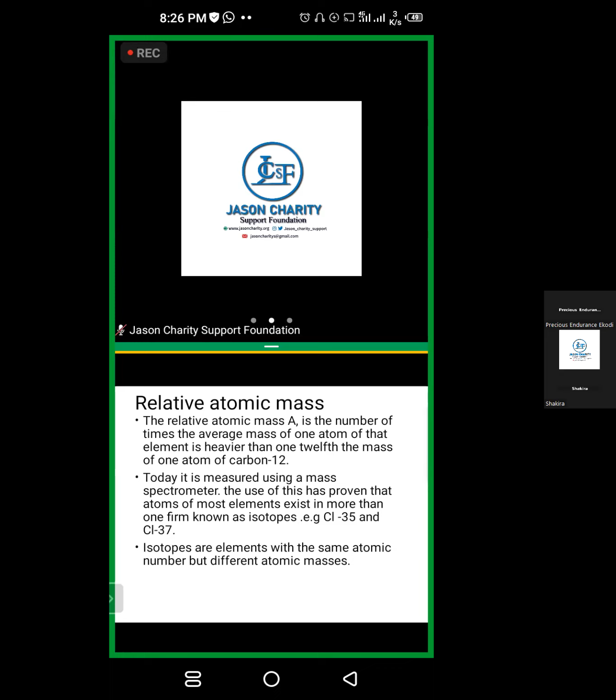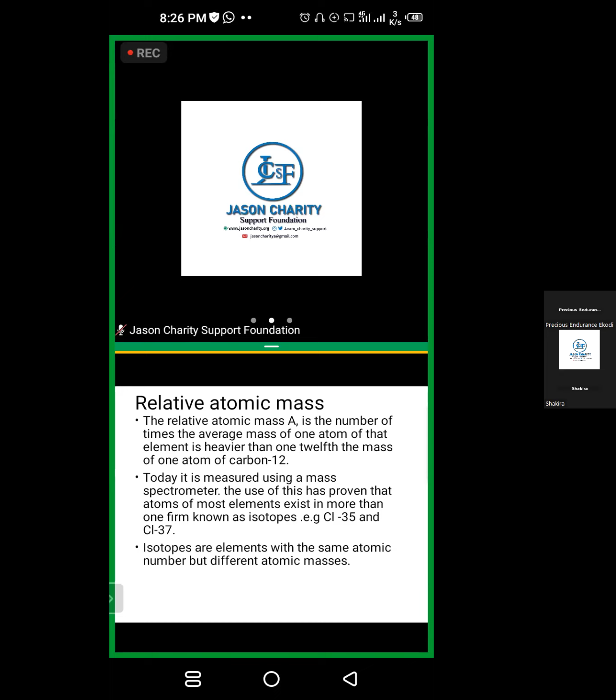Now, comparing these elements, the atomic masses of these elements with that of carbon, they compare, okay, what is the weight of this particular element, say hydrogen, compared to carbon? That will determine the relative atomic mass. Remember, based on English, when we talk of something being relative, it's comparison between two things. So they are comparing these elements to carbon.